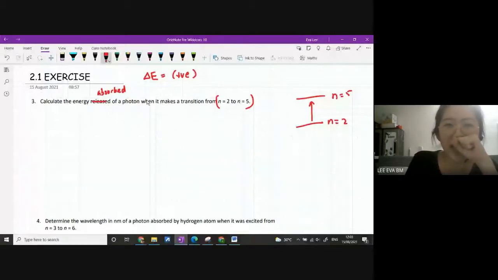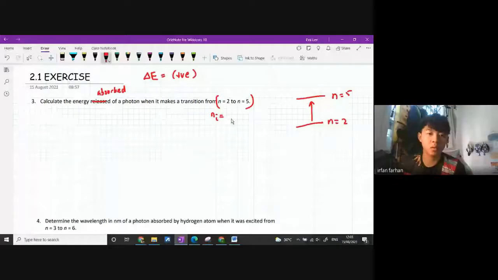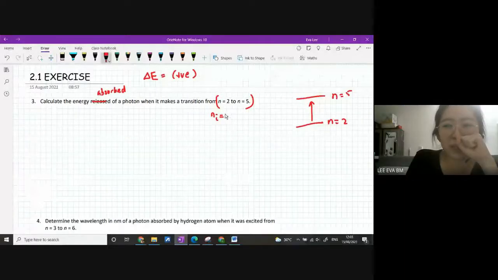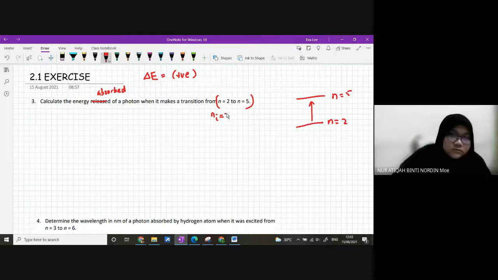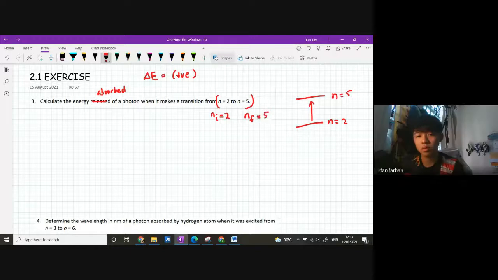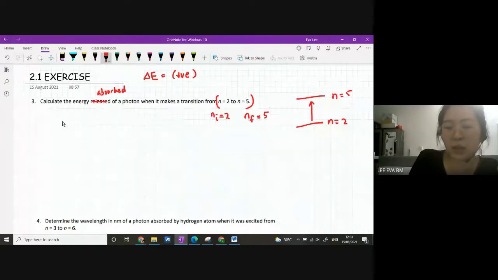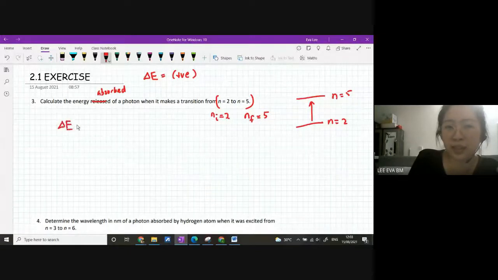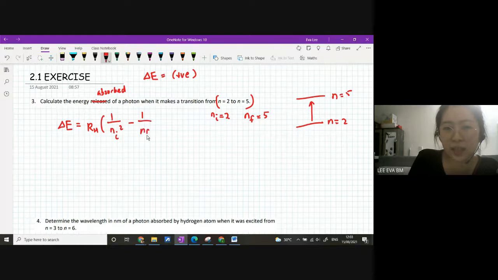So dekat sini N initial ialah apa? 2. N final adalah 5. Okay, so we are using the formula which represent your fourth postulate, delta E, Rydberg constant, then N initial square, and final square.